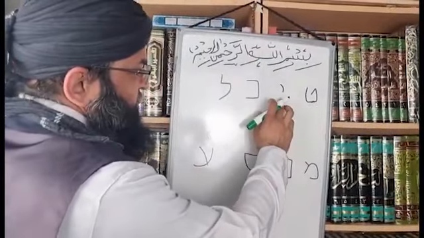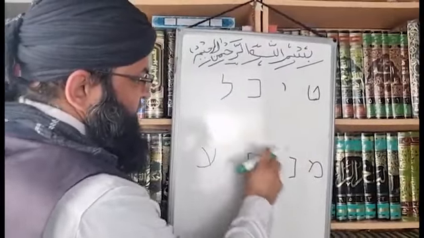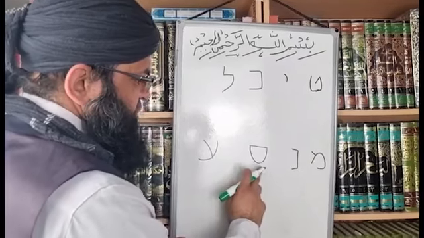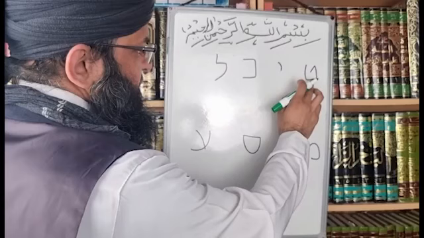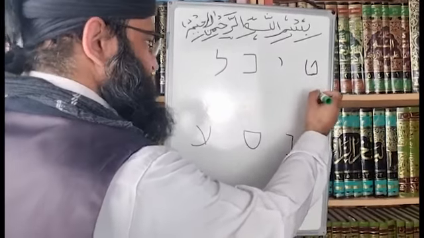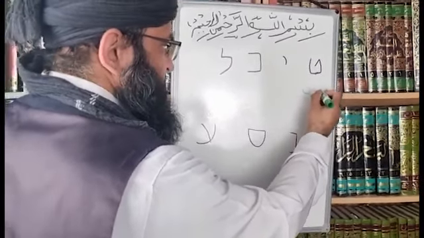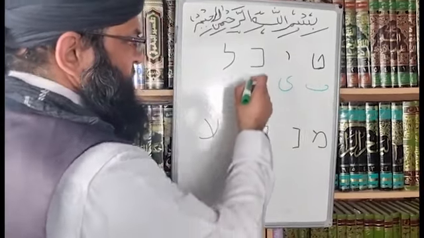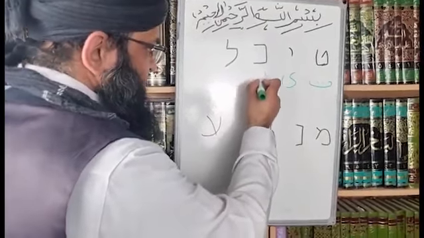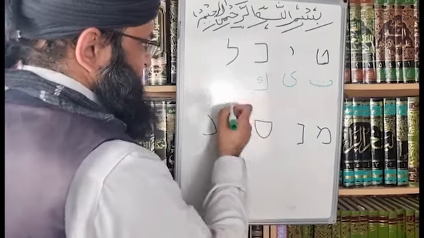So tet, yud, kaf, lamed, mem, noon, samak, ain. If you look at the similarities, tet will be similar to a ta sound. Yud will be similar to a ya sound. Kaf, which is very obvious in my opinion, is a kaf.